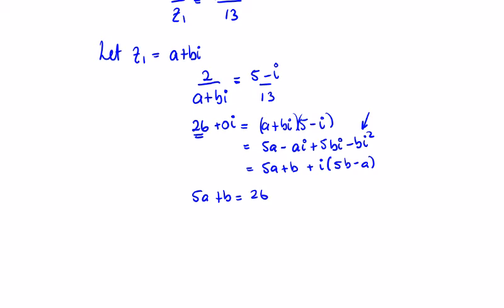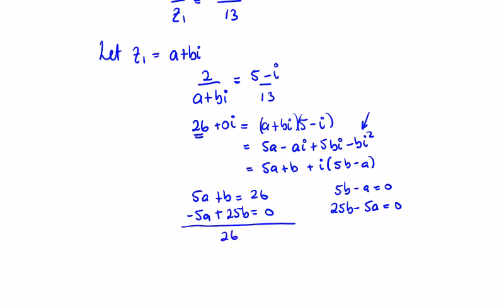And 5b minus a is equal to 0. Now I need simultaneous equations here. So if I multiply this one by 5, I'm going to get 25b minus 5a is equal to 0. Bringing that across, minus 5a plus 25b is equal to 0.